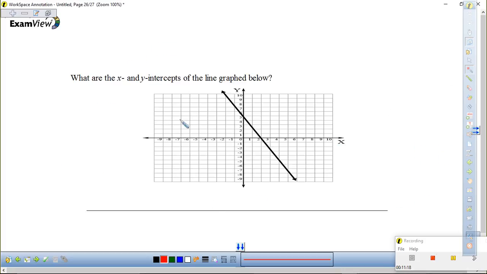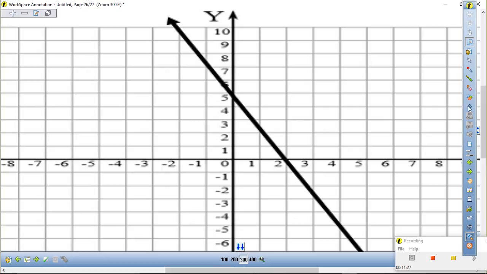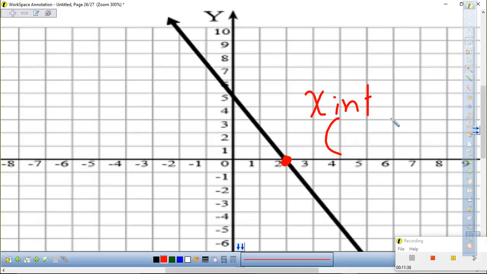It says, what are the x and y intercepts of the line graph below? Let me zoom in. The x-intercept is right here. X-intercept. What is my coordinate for that? 2, 0.